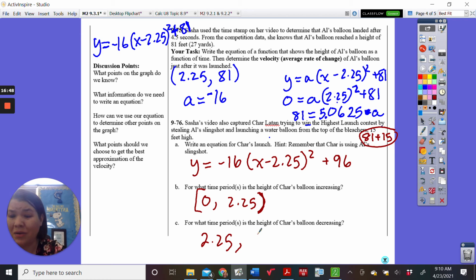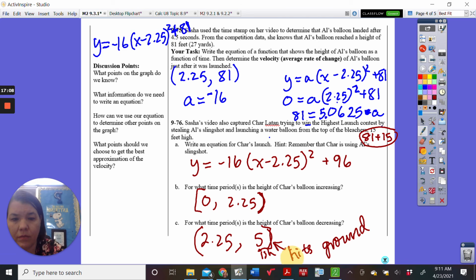And it should hit the ground in a similar time frame, but I'm going to go with 5 seconds-ish. It's a guess. Okay, whenever it hits the ground. Whatever that number is.